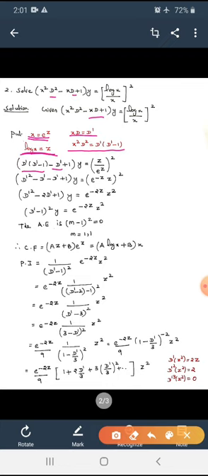Let us simplify the left hand side. D' into D' is D'² minus D' plus 1 of y is equal to, we can bring the e^z to the numerator, that will become e^(−z) into z, whole power 2.